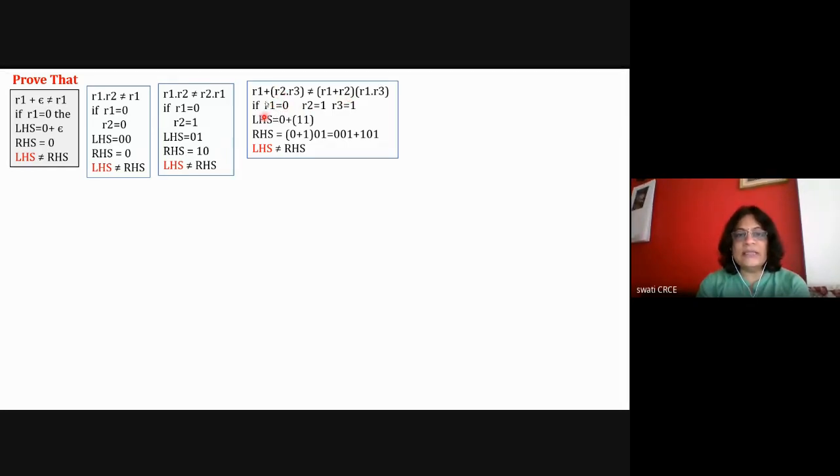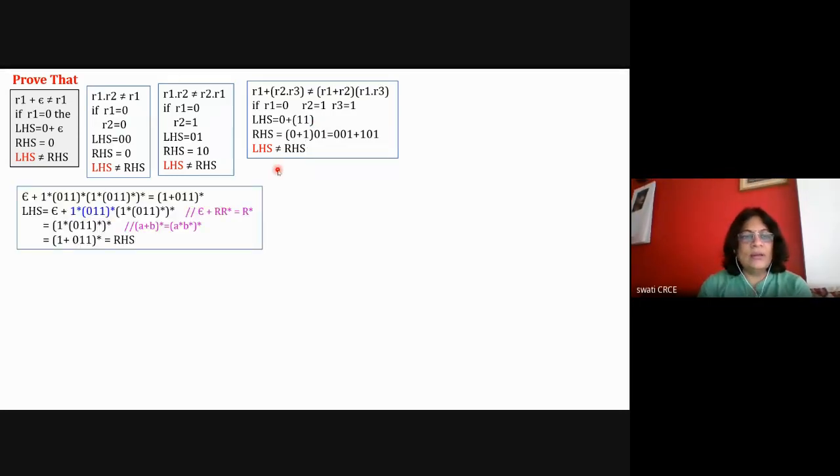So I'll rewrite this: LHS is equal to 0 plus 1, 1 and RHS is equal to 0 plus 1 and then 0, 1. If you simplify RHS by applying the rule, RHS will be equal to 0 0 1 plus 1 0 1. And with either 0 0 1 or 1 0 1 the machine will go to the final state, and here it is going with only 0 or 1 1. So both are different. So we have proved that they are not equal.